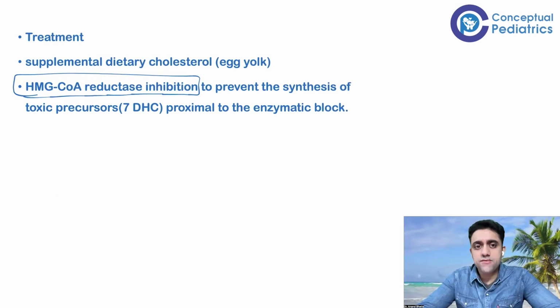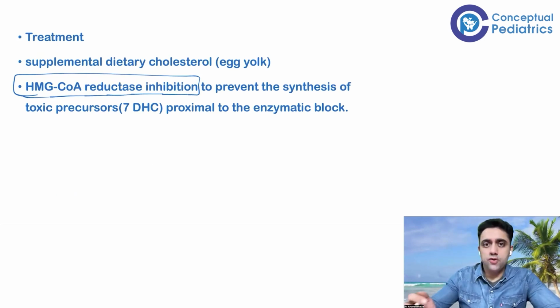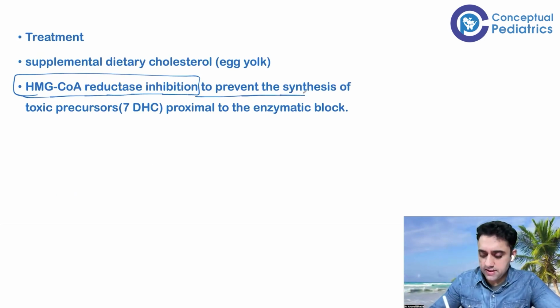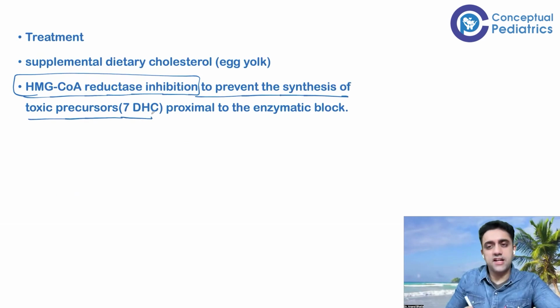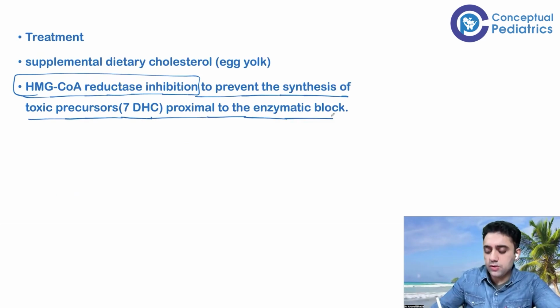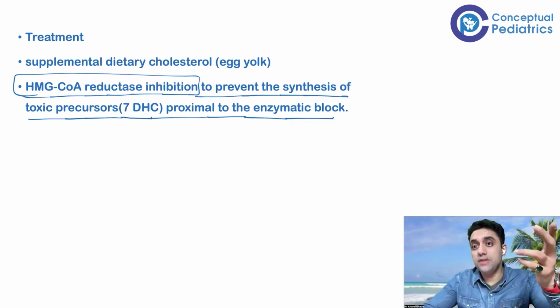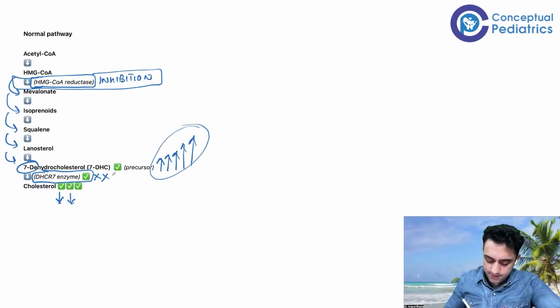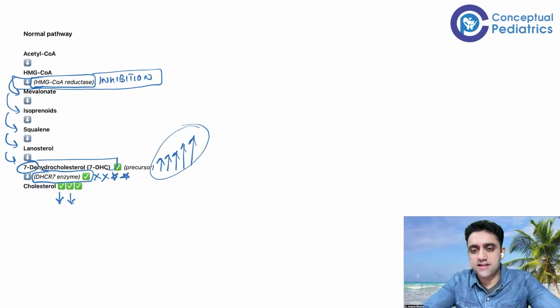HMG CoA reductase inhibition prevents the synthesis of the toxic precursor, 7-DHC, which is proximal to the enzymatic block. This is the enzymatic block, and proximal to that is the 7-DHC, and that's the whole story.